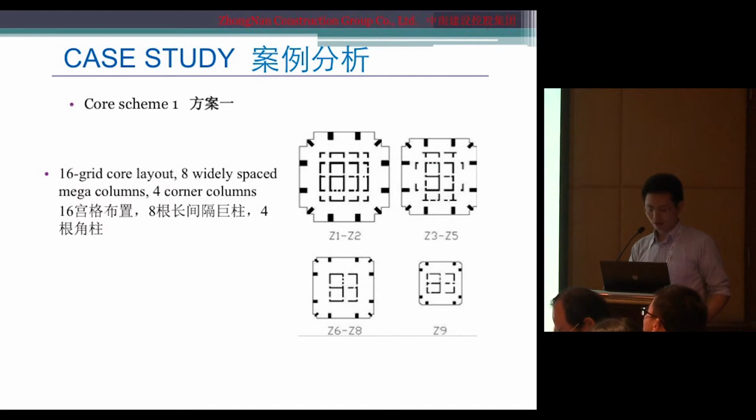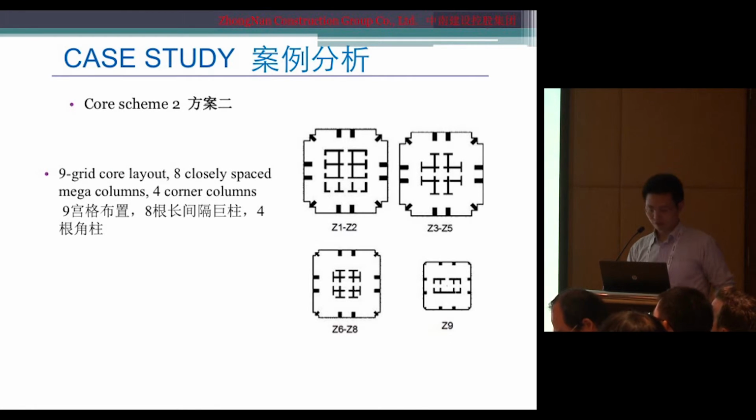We have compared the following proposals, and this core proposal 1 is the one that we decided to use at the end. It is a 16 grid core layout, and we have 8 mega columns.